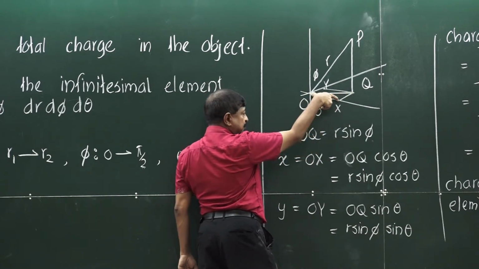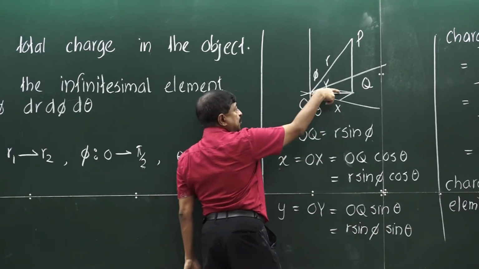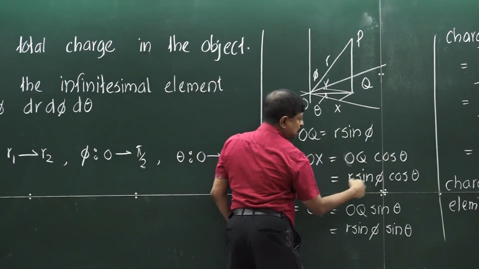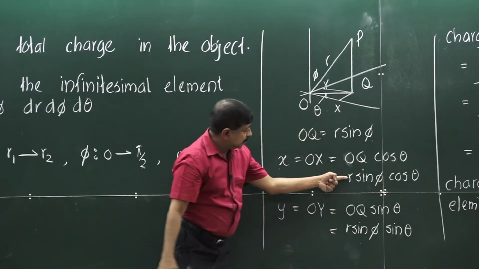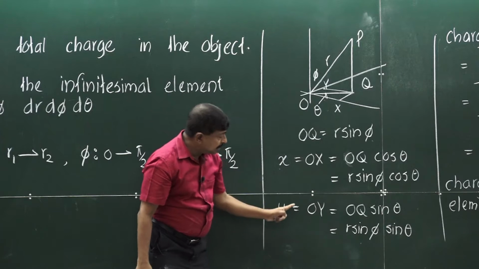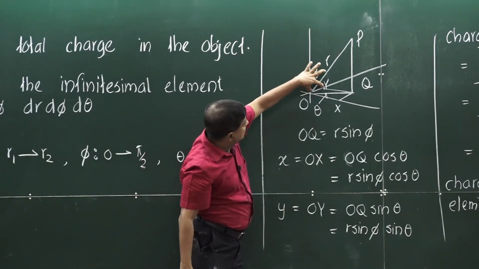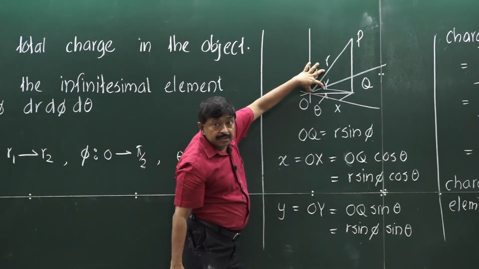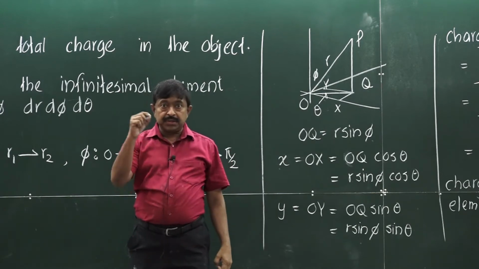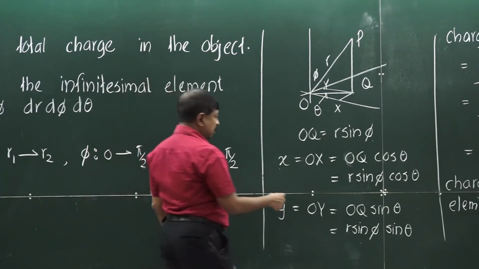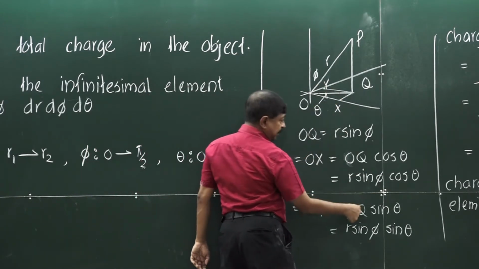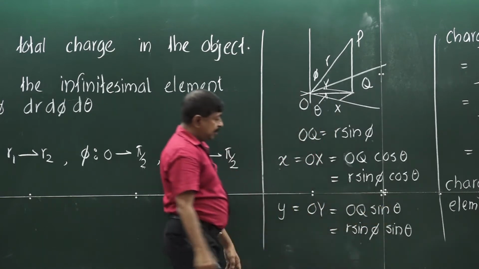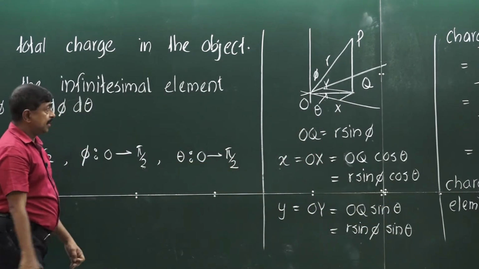So, the x coordinate is OQ cos theta. You plug in this and you will end up with this result. Similarly, the y coordinate is OQ sin theta. Again, you will end up with r sin phi sin theta.